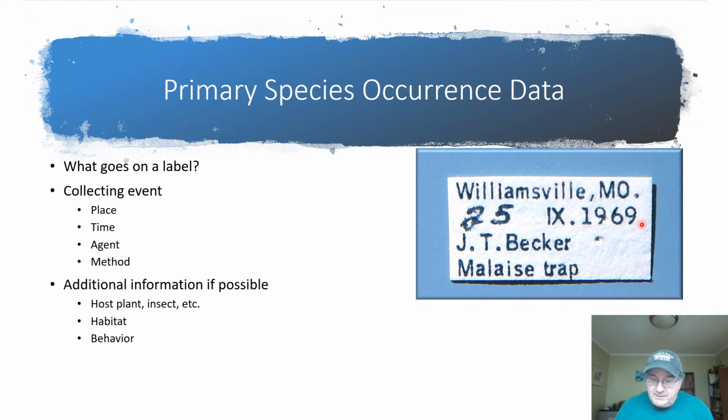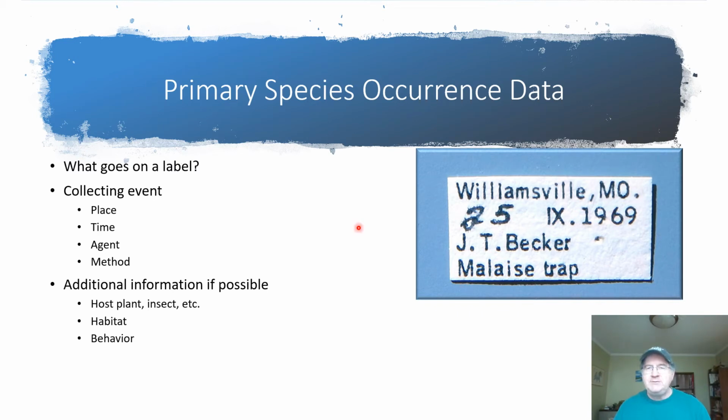I can never keep straight what the order is in terms of month or day, because in the United States we do it one way, and in Europe and many other parts of the world they do it the opposite way. And because I'm dealing with specimens from all over the world, I can't keep straight in my mind which it is. And so I like to do either one of two things. Either express the month as a Roman numeral, which might be a little bit opaque to a user, or to actually write out a 3-letter abbreviation, the first 3 letters of the month. It wouldn't take much more space to write SEP here than to have IX period.